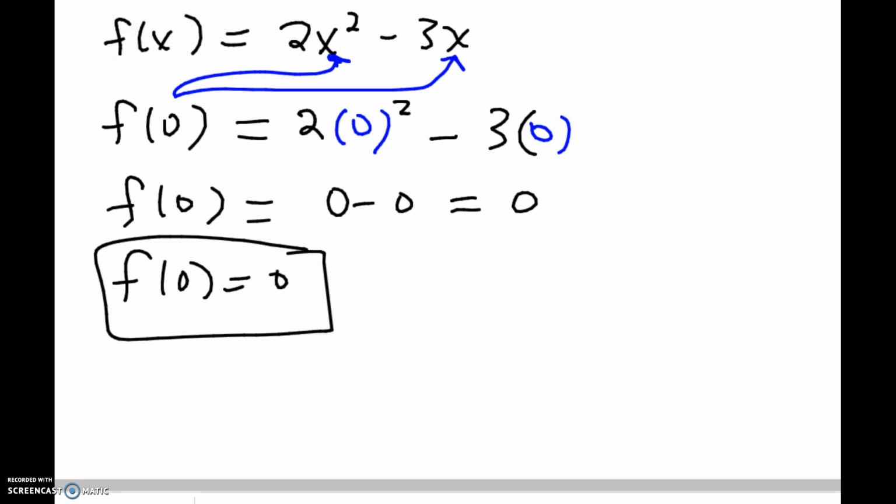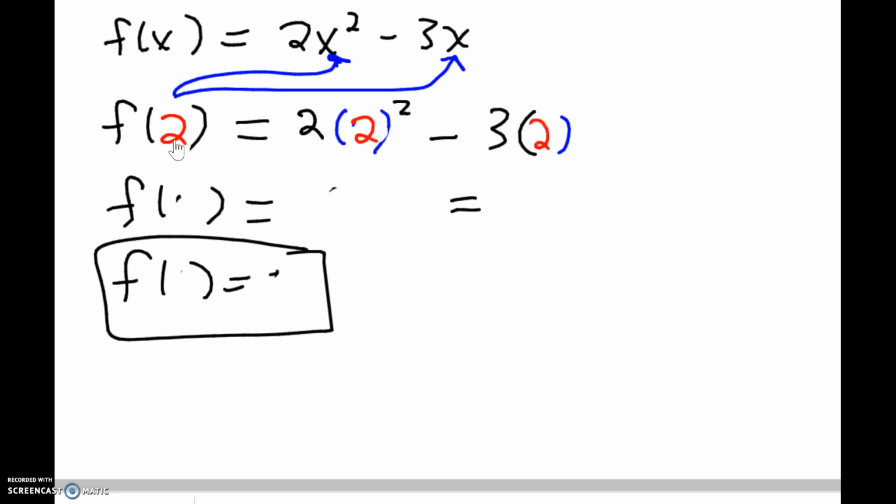Similarly, we could find f of 2. We would replace each one of the x's with a 2.